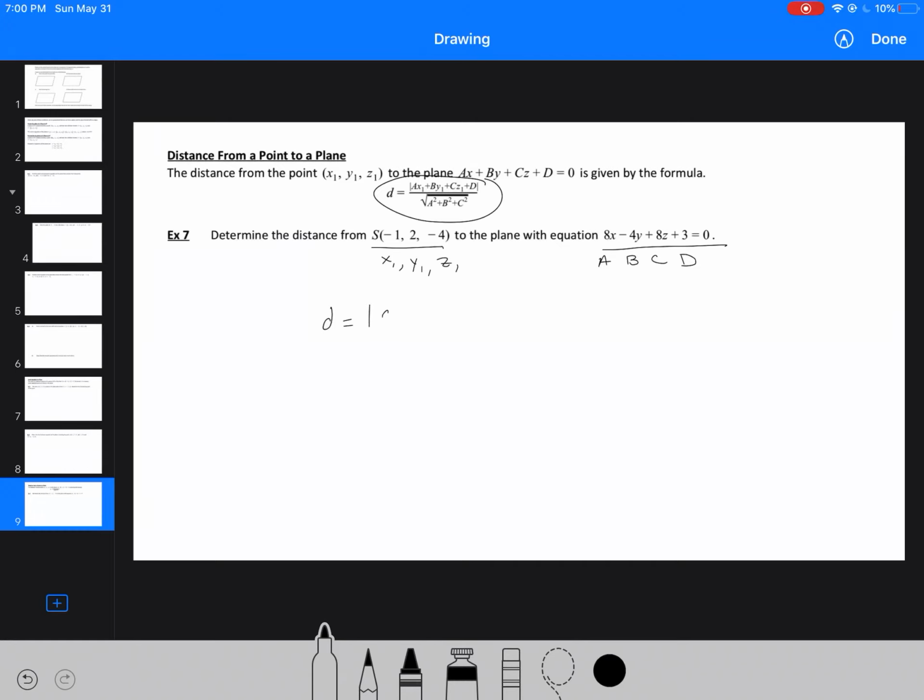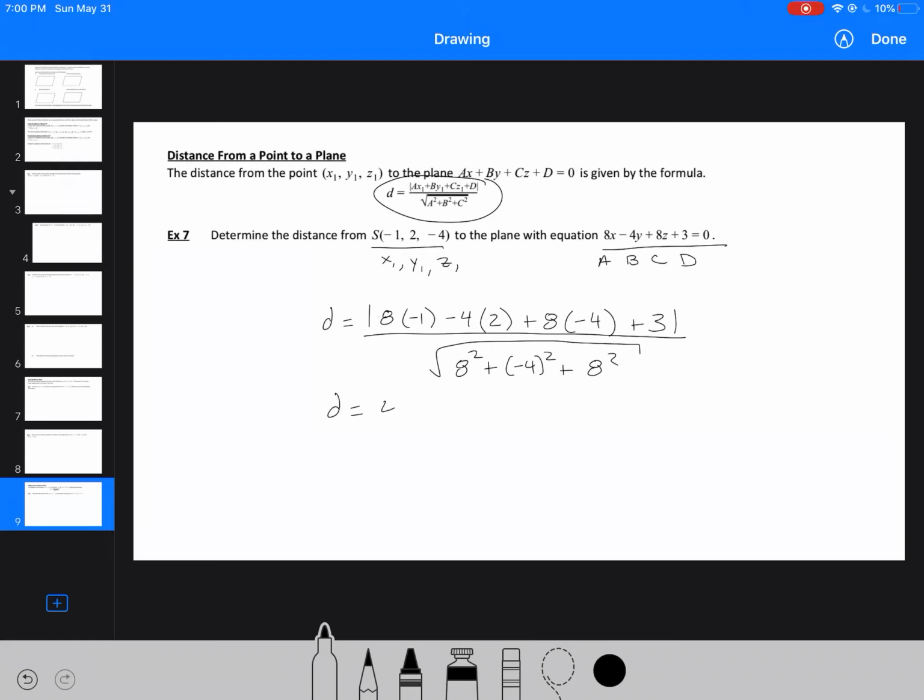So the numerator is the absolute value of A times x1 plus B times y1 plus C times z1 plus D, all over the square root of A squared plus B squared plus C squared.